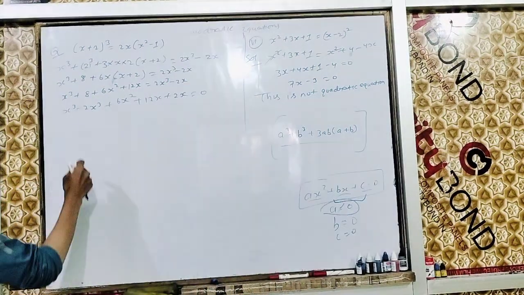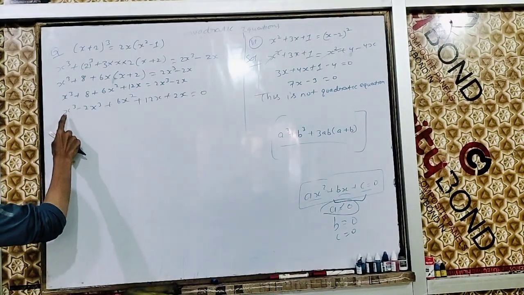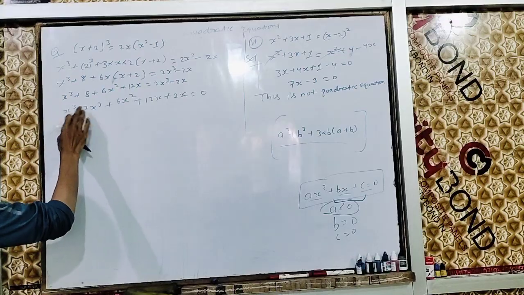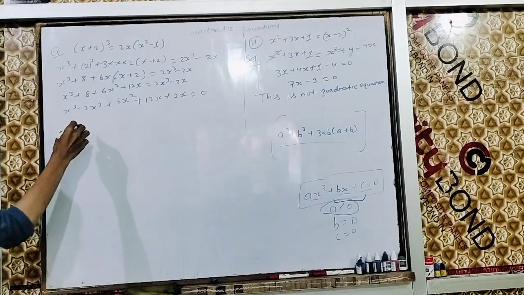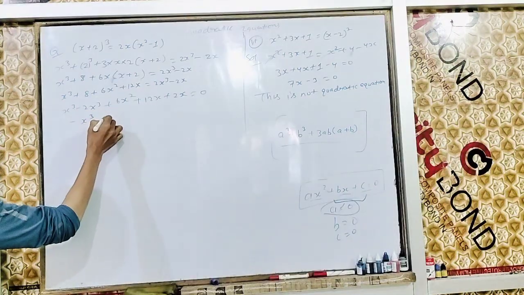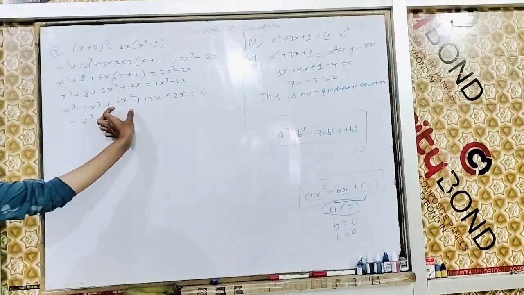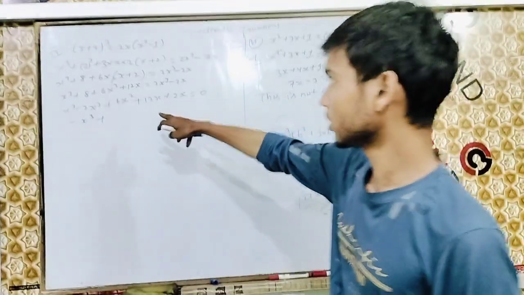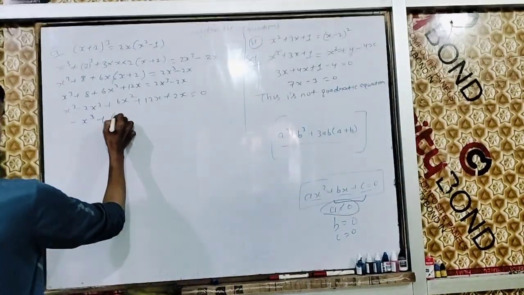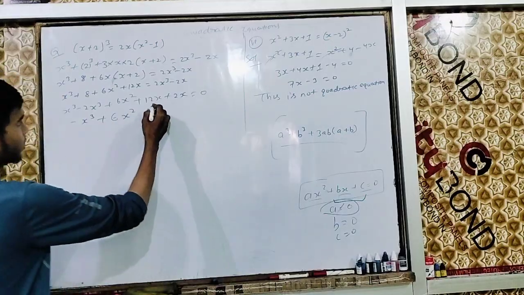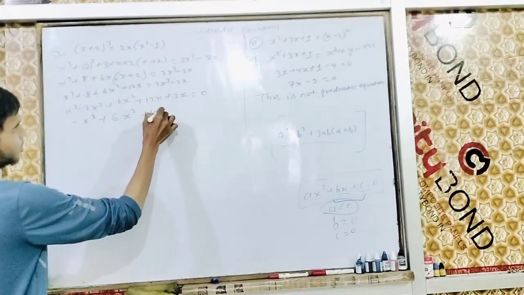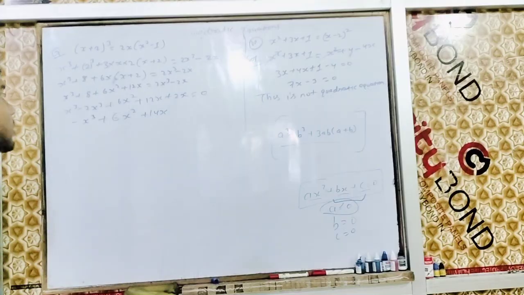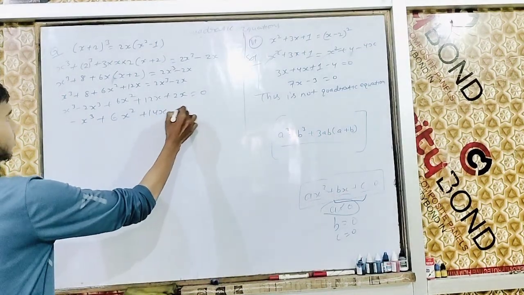Here, look at here. When we subtract this from this, then it will become how much? Minus 6. Then here we have only one term. There is no more term like that term, so it will be as it is. Next 14x, because both are like terms, that's why it is equal to 0.